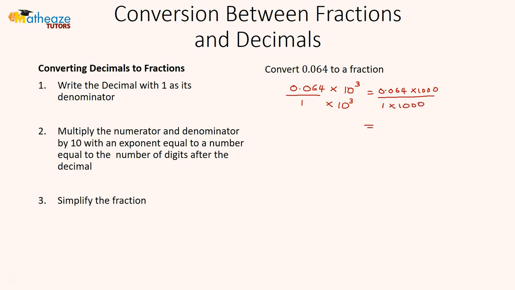So this is going to get rid of all the decimals, and we have 64 divided by 1000. We can divide this by 8. You get 8, divide this by 8, you get 125. So this is going to give us 8 over 125.